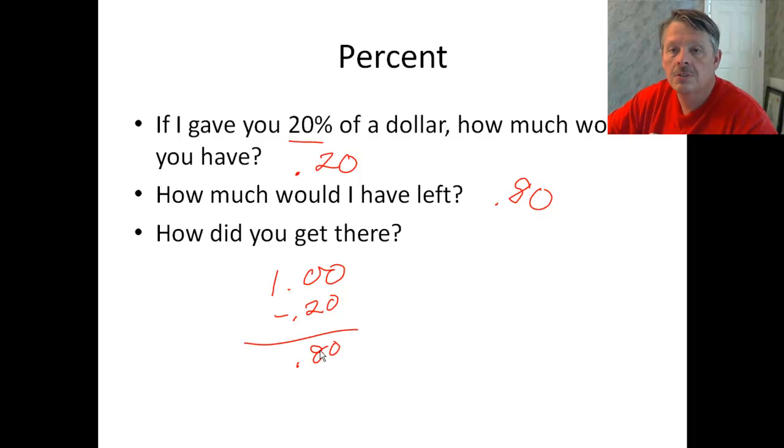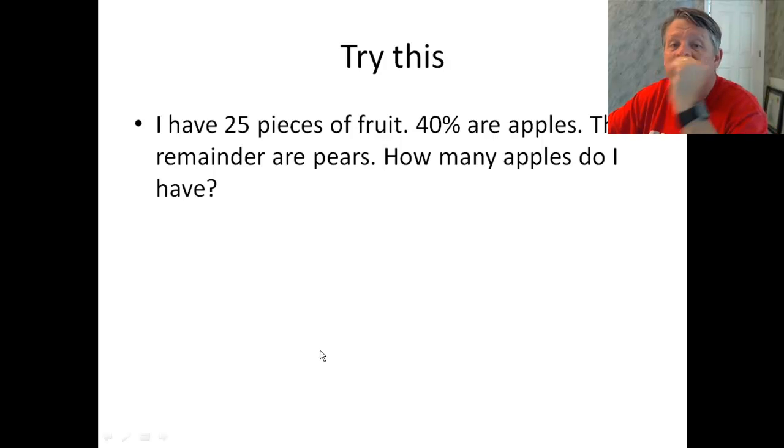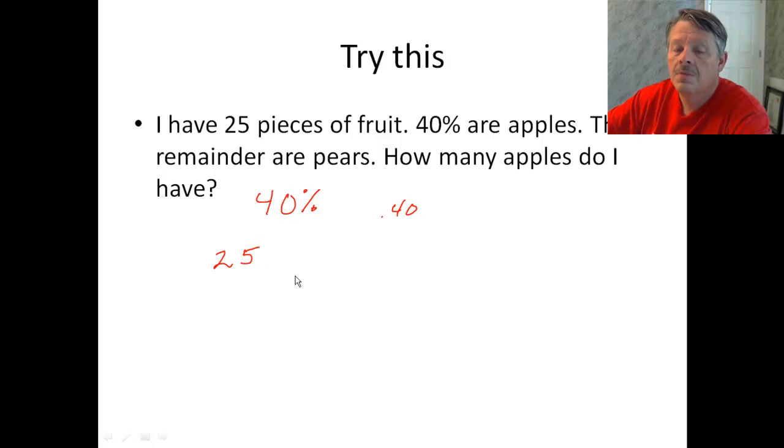That makes sense, right? So if I have 25 pieces of fruit and 40% are apples, the remainder are pears, how many apples do I have? Well, let's see, 40%. I can represent 40% as 0.4. So I can take 25, and I can do this two ways. I can multiply by 40, and I can divide by 100.